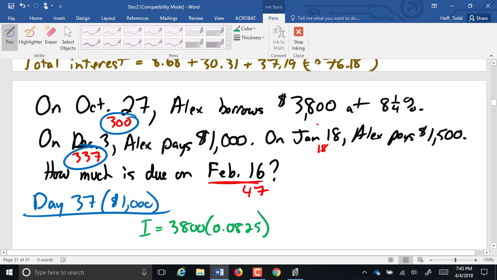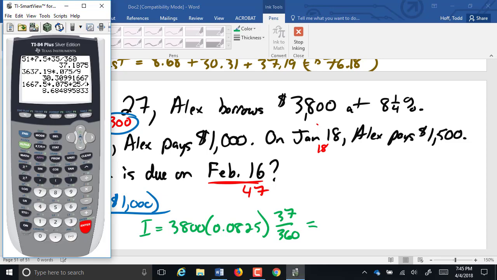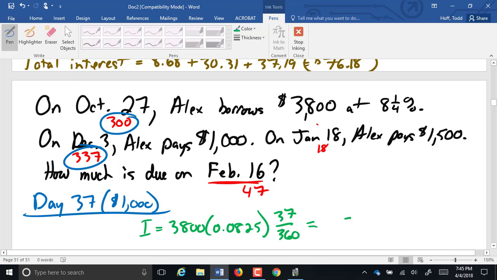So we find the interest on that day, 3,800 times 0.0825, that's the 8.25%, and it's 37 over 360. $32.22.